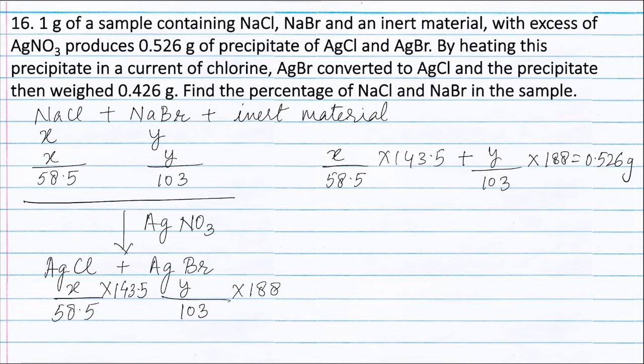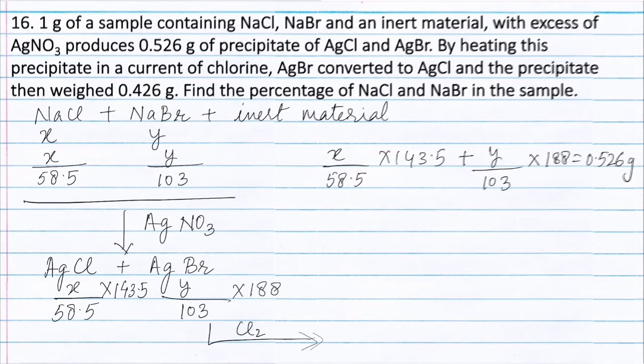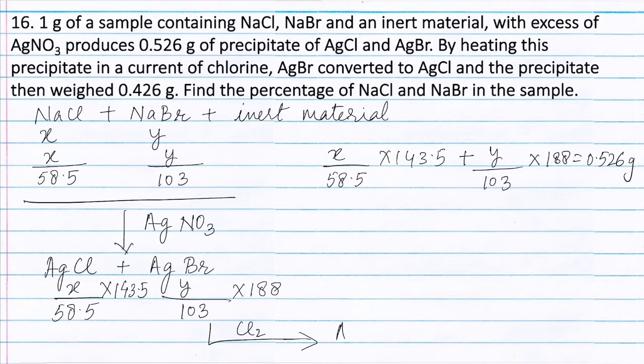Now, in the next step, silver bromide is made to react with excess of chlorine gas. AgBr reacts with chlorine to form AgCl.